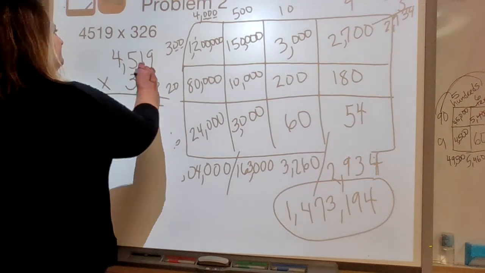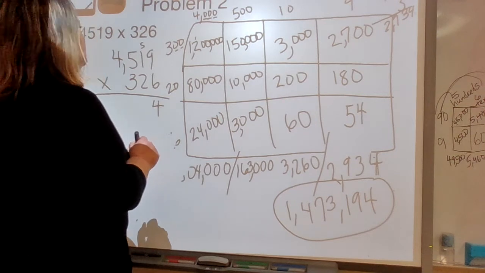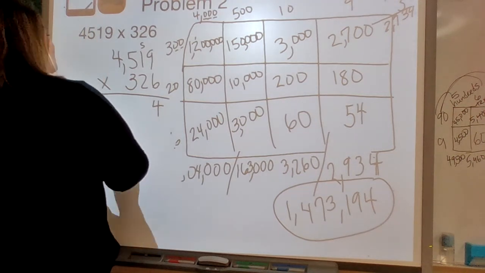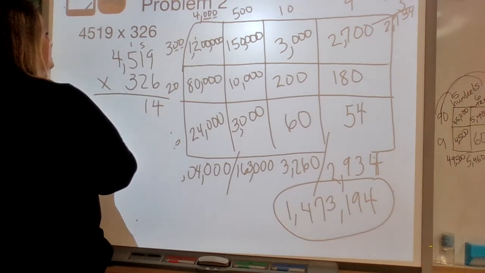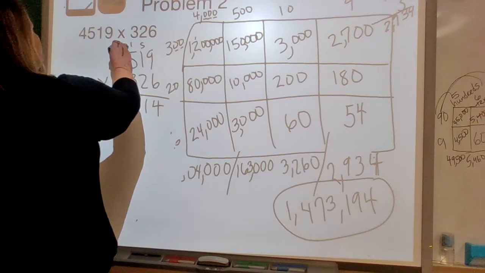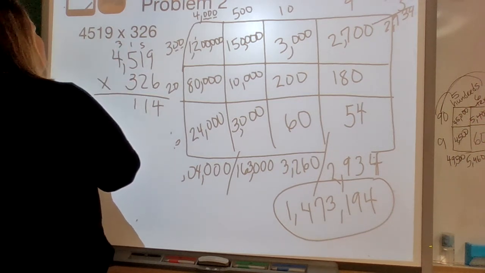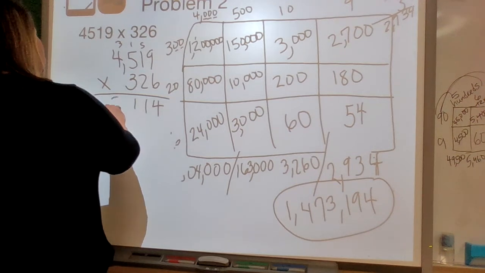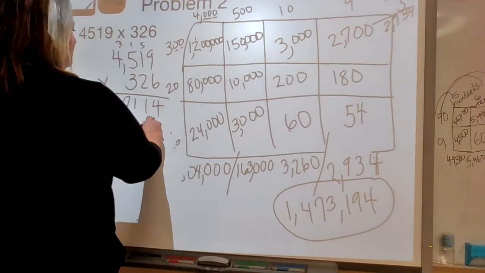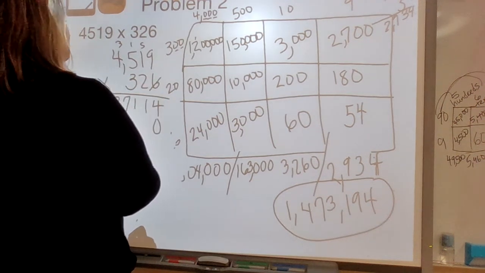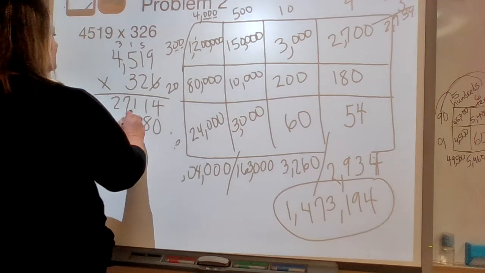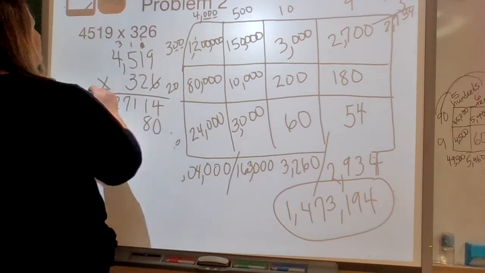I know that is 54. Carry my 5. 6 times 1 is 6. This is 11. 6 times 5 is 30. Plus 1 is 31. 6 times 4 is 24. 25, 26, 27. And then I'm going to write a 0. I'm finished with the 1s. 9 times 2 is 18. And I'm going to carry my 1 up here.